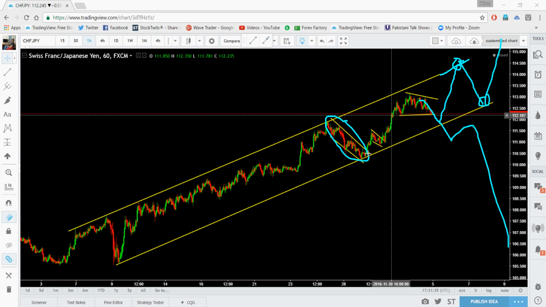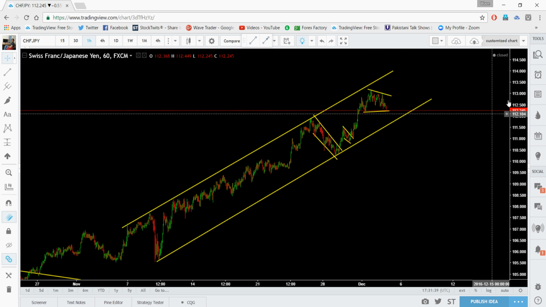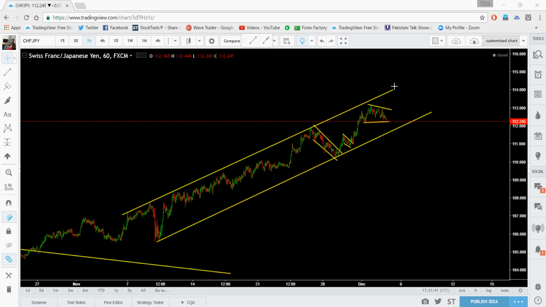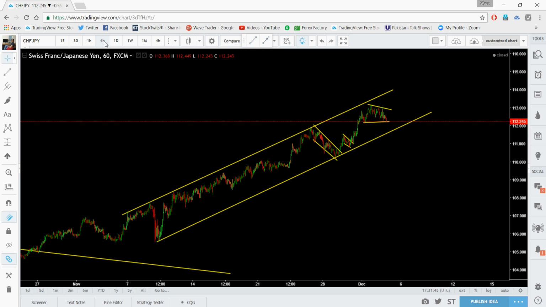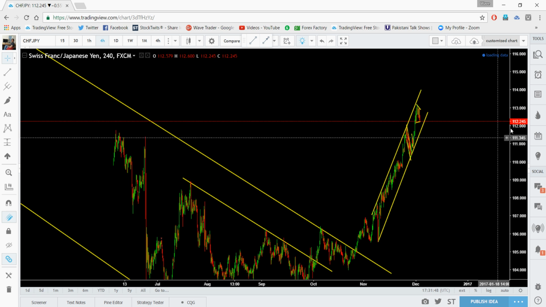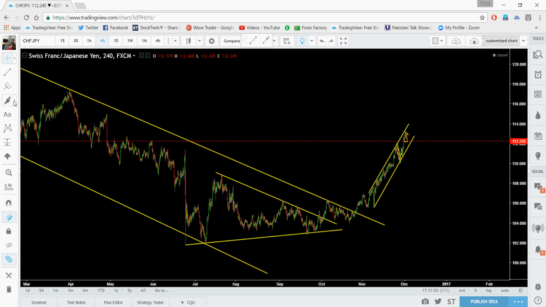I have spoken about this in our live meeting as well. So this is a corrective wave. It has to break down. This is a corrective wave, right? It has to break down. So at least price is going to come up to this point, if it has to continue to the upside, if this is a trend reversal pattern.